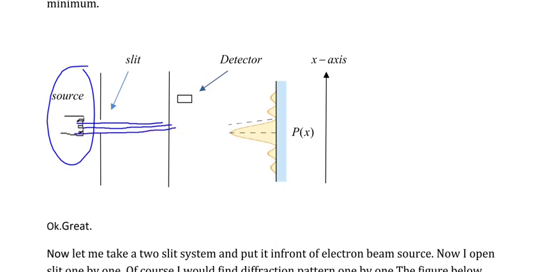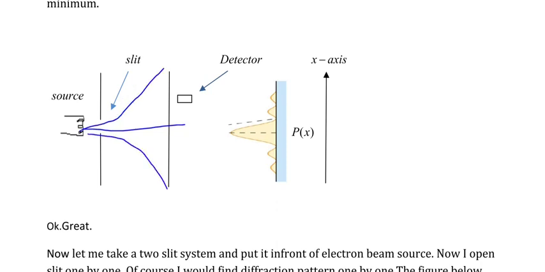This is how bullets behave. They don't go up, they won't go down, because they just go straight, since the entire momentum is in the straight direction. But since our electrons are waves, they not only go straight, they go a bit up, they also go this side.